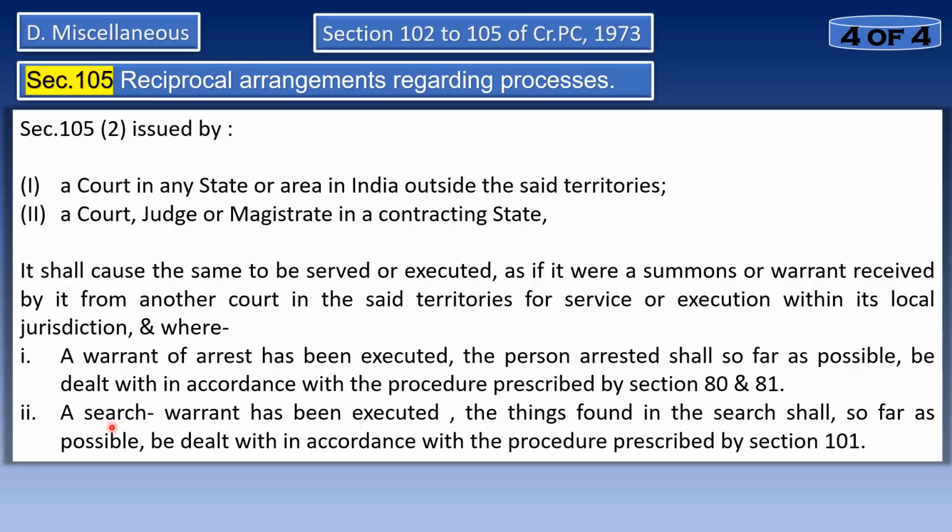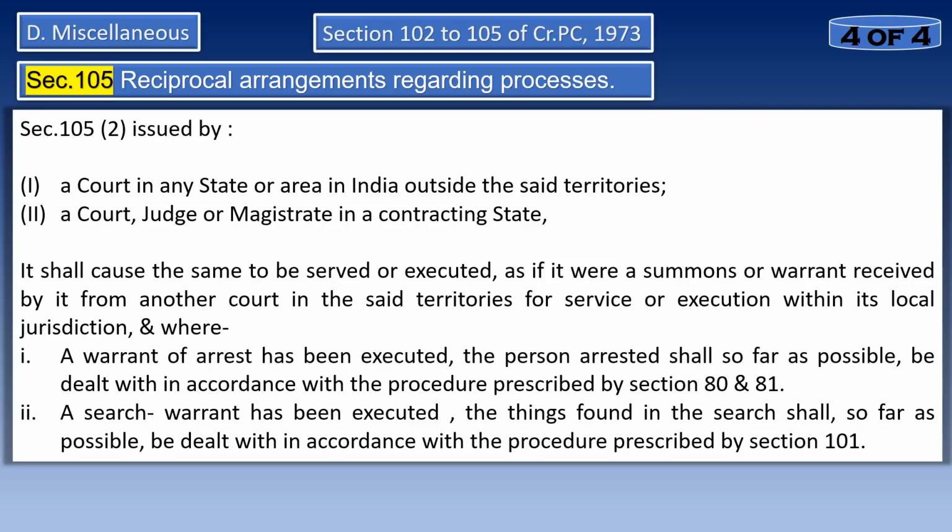Next, if a search warrant has been executed, the things found in the search shall, so far as possible, be dealt with in accordance with the procedure prescribed by section 101. So the reciprocal arrangement can be understood by these provisions.